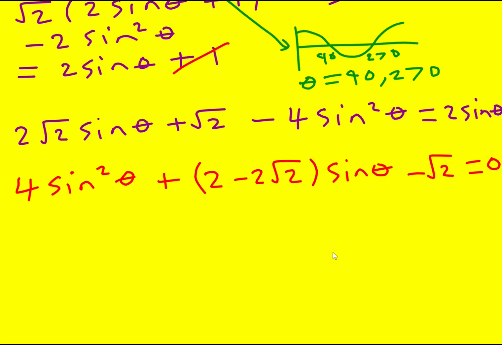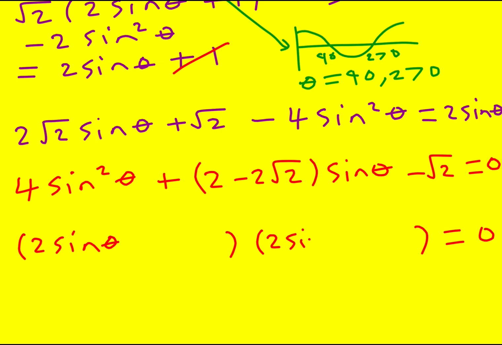Okay, now I would expect this to factorize, so we just got to give that a go. There's no way this is going to work if I put a 2 and a 2 there, surely. No, actually, I think it is. Sorry, 2 sine theta.